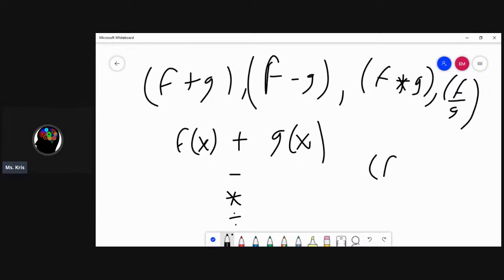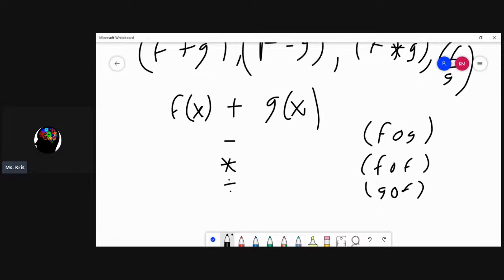Also, you'll see something like f of g, f of f, g of f, and g of g. Simply what that means is f of g, f of f, g of f, and g of g.